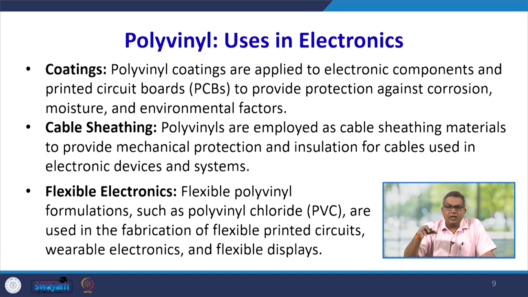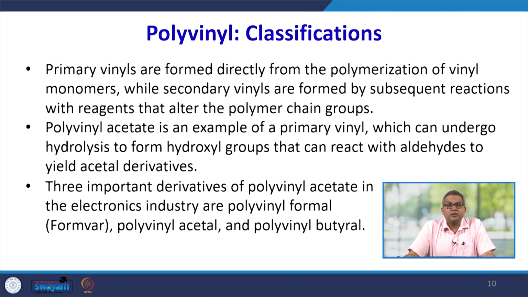Flexible electronics are attracting more and more impetus nowadays. Flexible polyvinyl formulations like polyvinyl chloride are used in the fabrication of flexible PCBs, wearable electronics and flexible displays. So they are the future polymers.